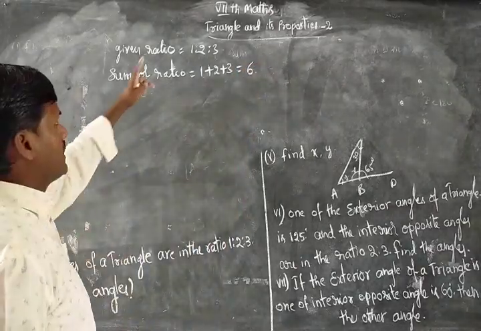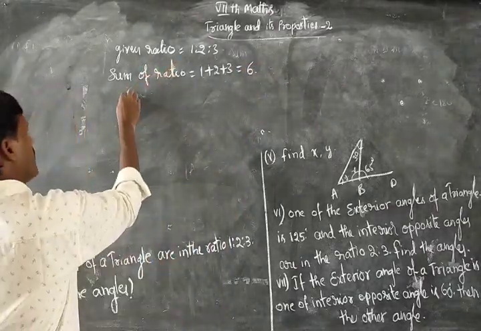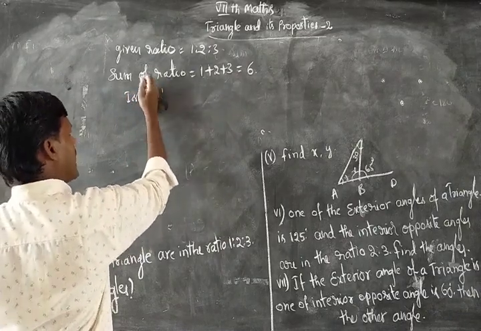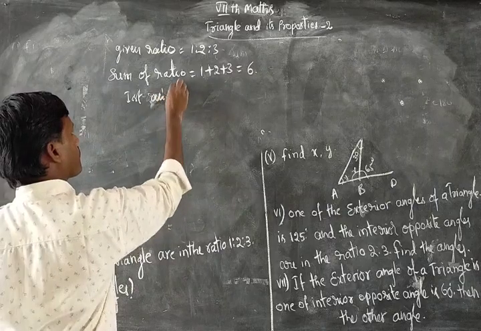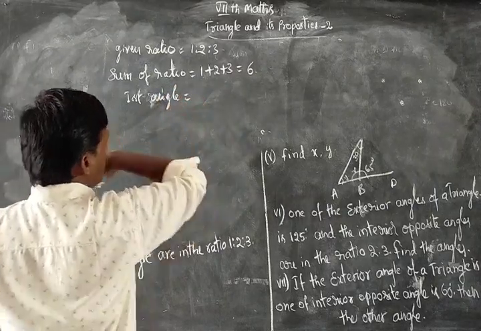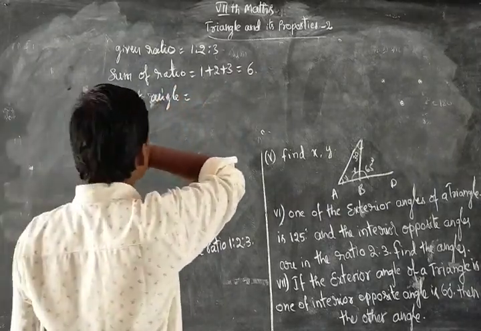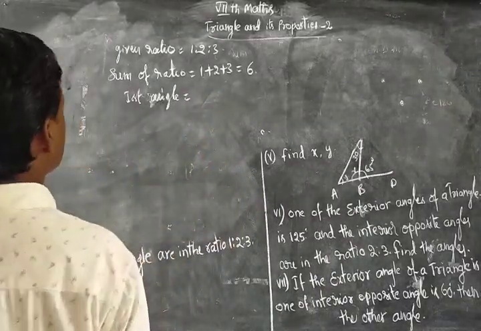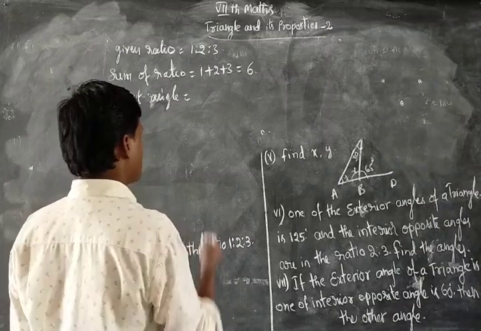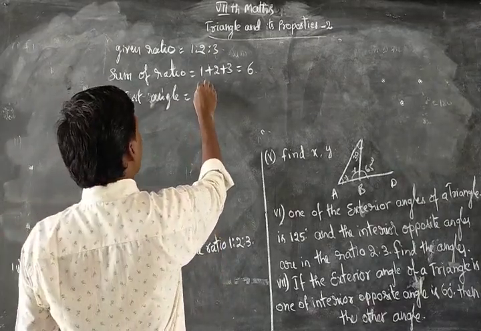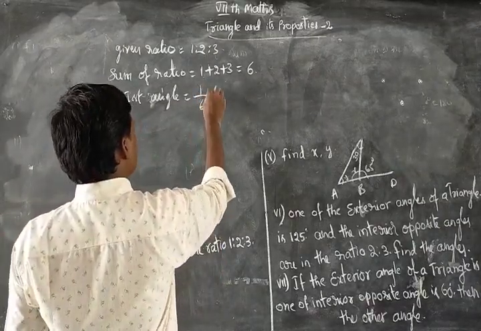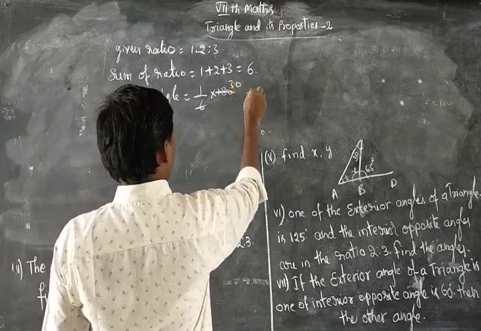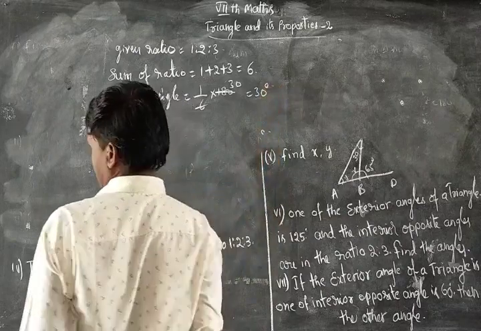So to find the first angle, it is 1/6 into 180, the sum of the three angles. That is 30, so the first angle is 30.